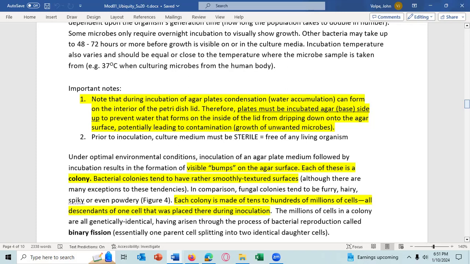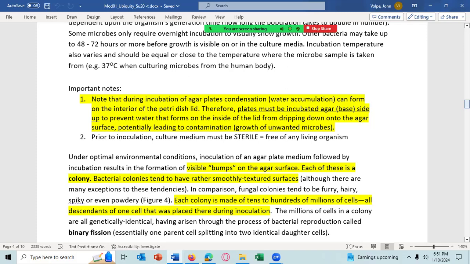When we have colonies growing on the agar plate, they will form visible bumps on the agar surface. Each of these is a colony. Bacterial colonies tend to have rather smooth textured surfaces. Fungal colonies tend to be furry or hairy looking.